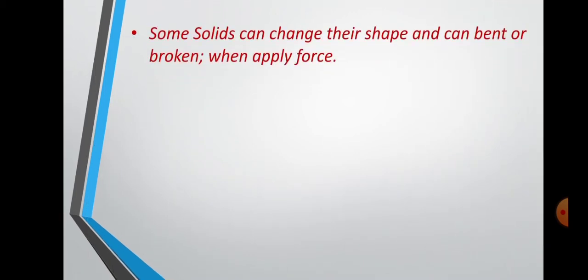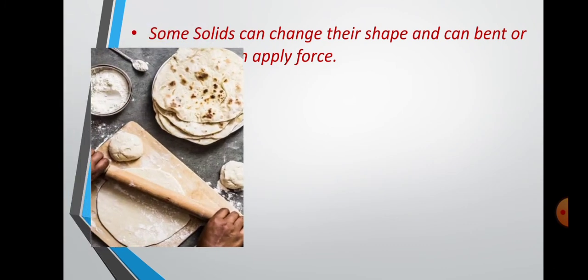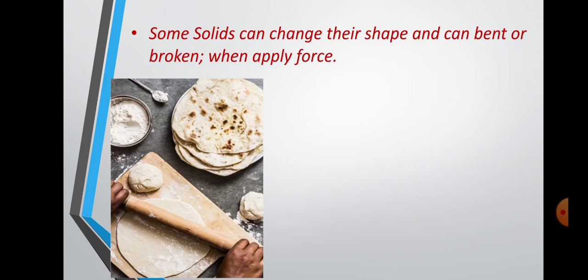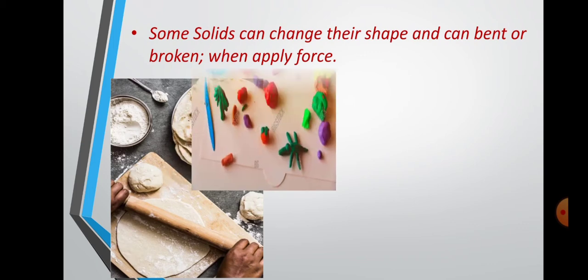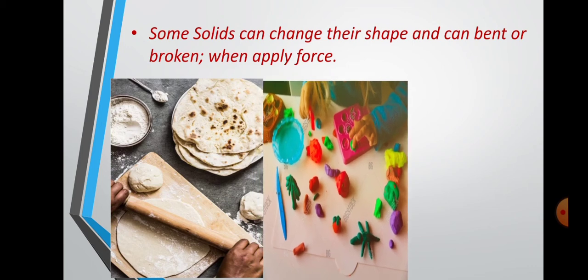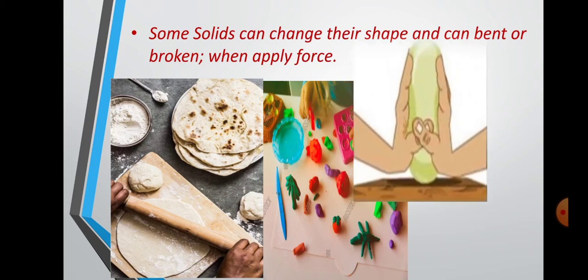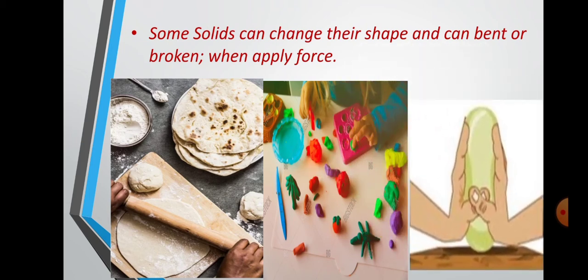If we apply force, some solids can change their shape. For example, dough can be rolled out into chapatis, and interesting shapes can be made out of clay. Some solids on applying force can be bent or broken.